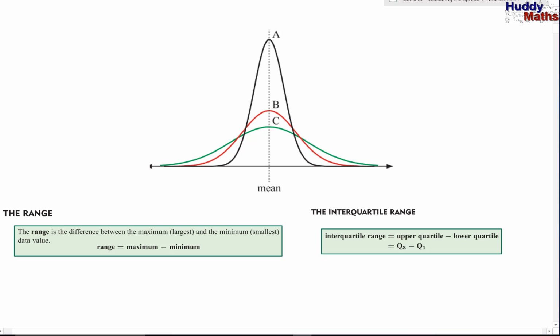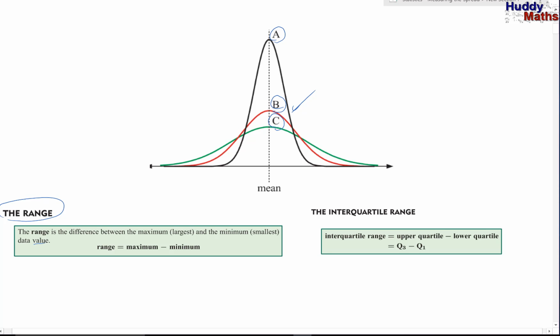Here's an easy one. This is a set of distributions, cumulative here, continuous distribution, and they're all symmetrical. So let's have a look at the range. Would that be a reasonable measure of the spread of these distributions? You can see that they are spread out in different ways here. The least spread would be A. The next smallest spread would be B, and then C is the largest spread of data in those three distributions.